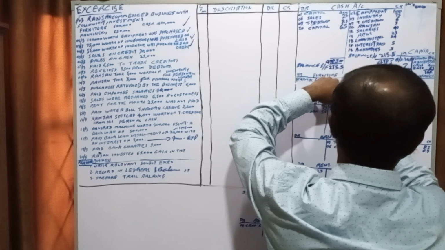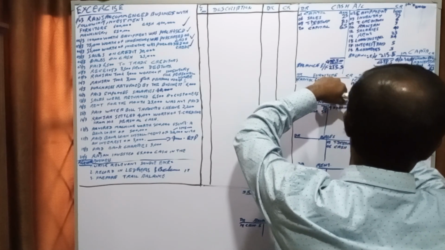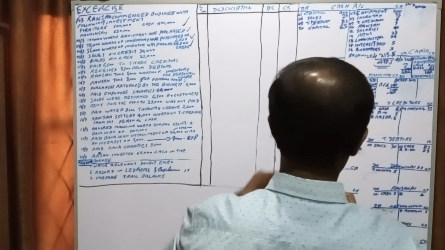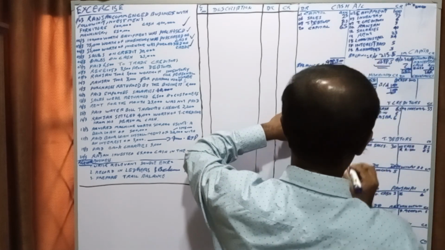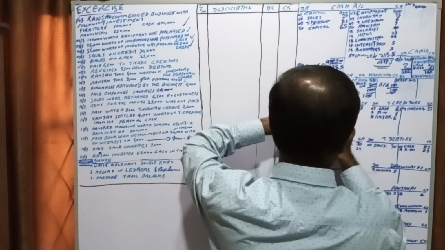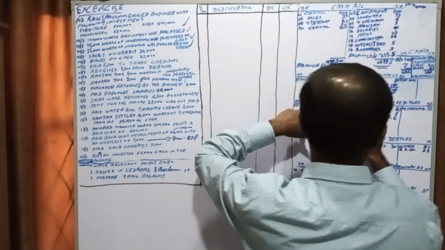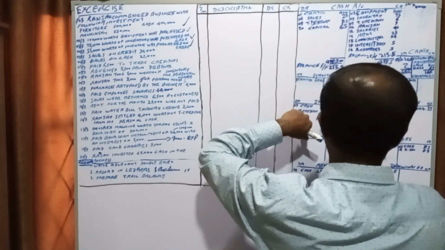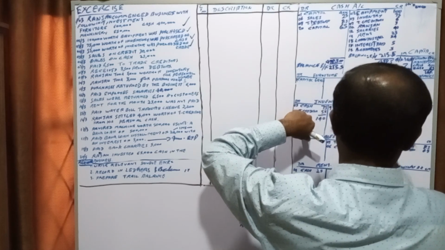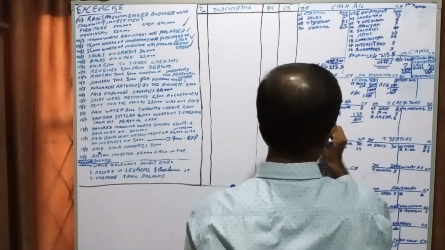Balance brought forward 1,050,000. Here inventory is 140,000. Balance carried down: 140,000 minus 5,000 is 135,000. Balance brought forward.